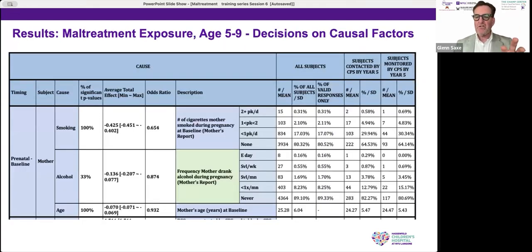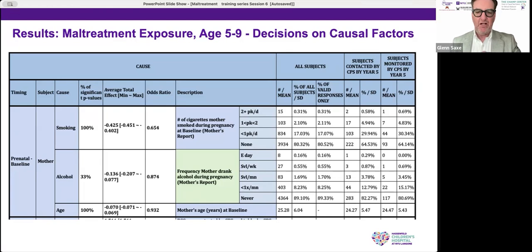So there's a lot here, and I don't want to go over everything. But this is the information that our team uses to build this tool. These are different causes and different categories. This is ways of looking at how frequently the cause would be in the population we're interested in, which is child welfare prevention population.